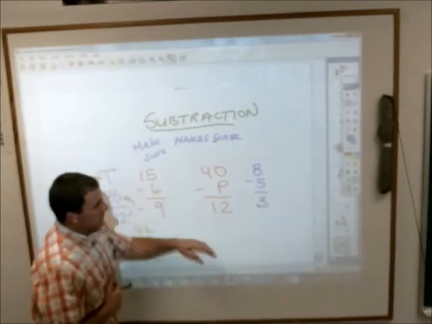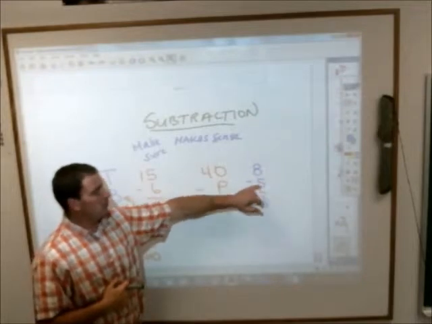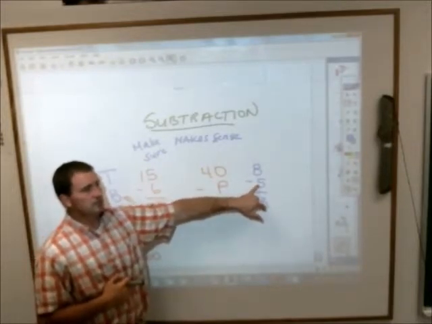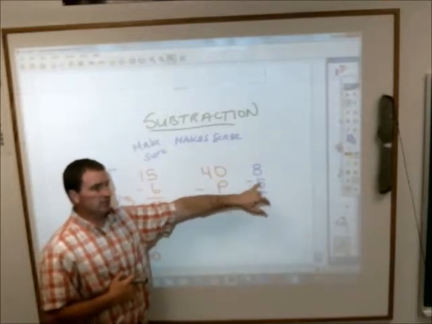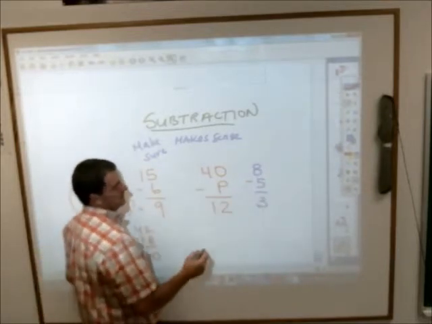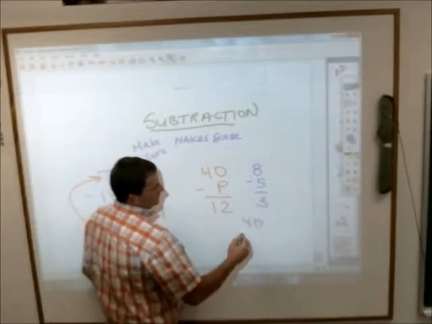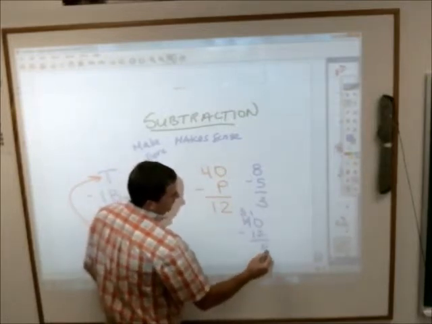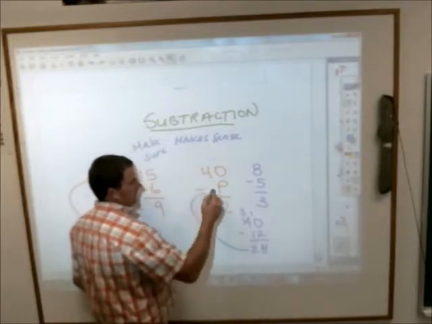If you're missing the middle number in that subtraction thing, what do you do with 8 and 3 to get 5? I subtract. So that's what I'm going to have to do in this case here. And when I subtract, I end up with 28, which is the answer.